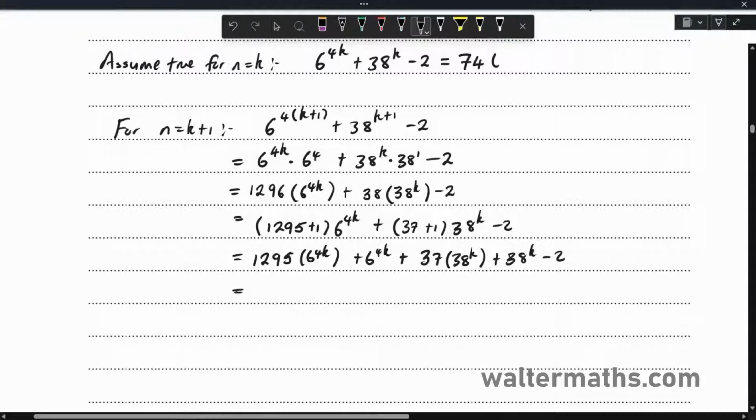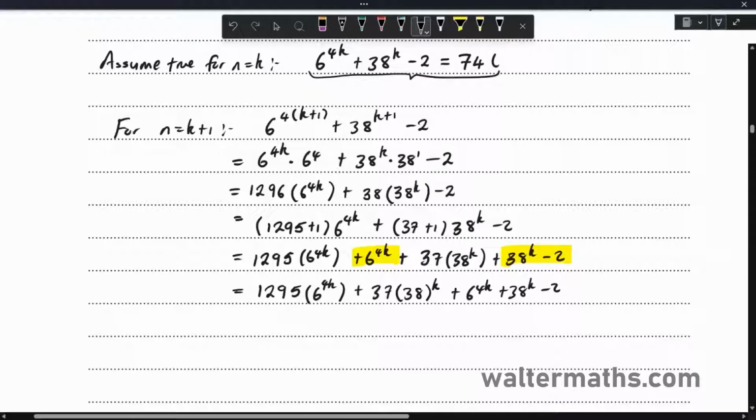So we can rearrange this to 1295 of 6 to the 4k plus 37 of 38 to the k, and for these, that will be 6 to the 4k plus 38 to the k minus 2, which is equal to what we have in the assumption. So this whole thing is equal to 74L.